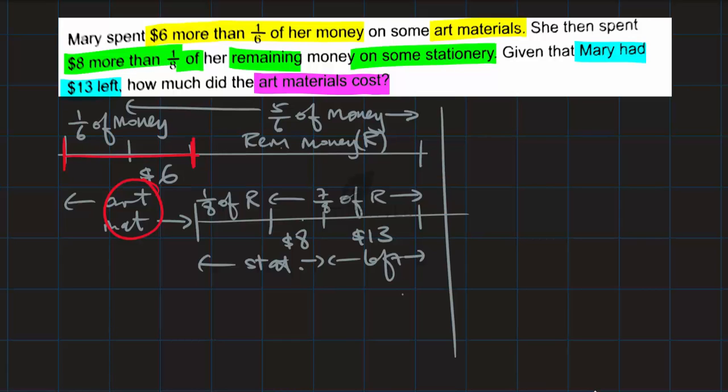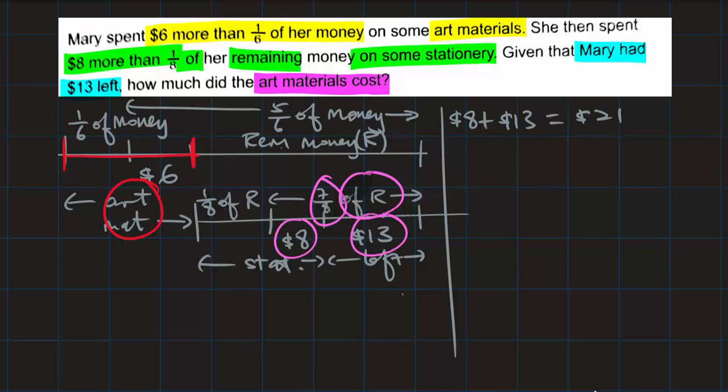So what do we do then? Okay, I'll start from what we can add up and work backwards from. So we have this and this, which makes this one of R. And that makes 7 out of 8 of R. So I'm going to divide that by 7 to find 1 out of 8, which is $3.